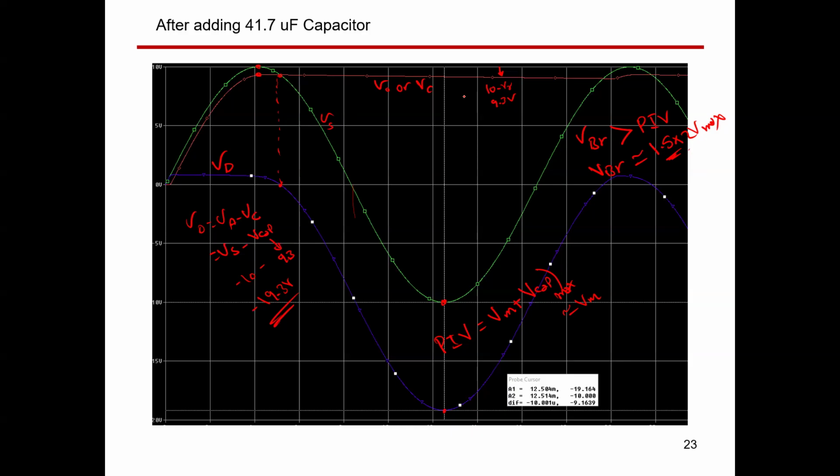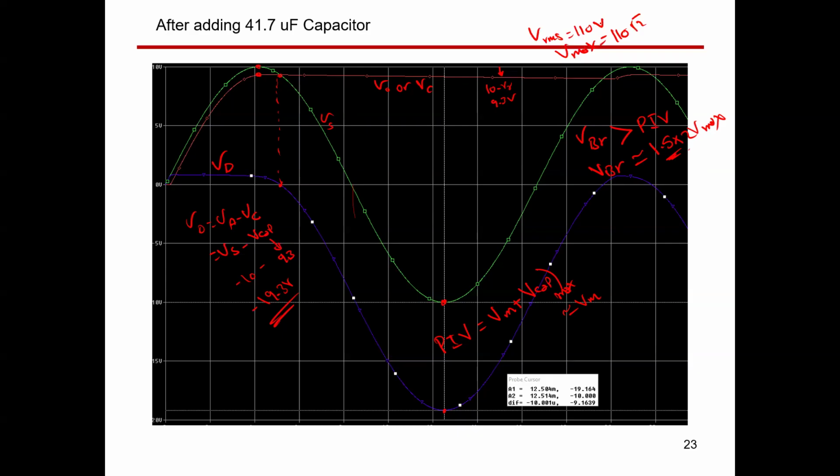But if you have a relatively high power application, instead of 10 volt, assume for instance that you have V root mean square equals 110 volt. This means V maximum will be 110 times root 2, which is 1.4 something.